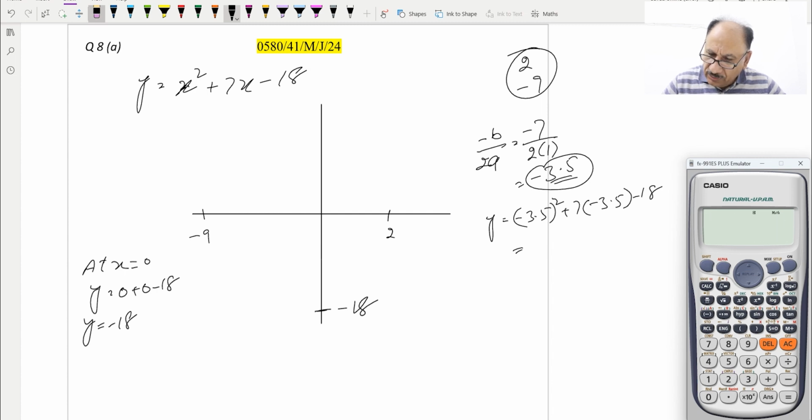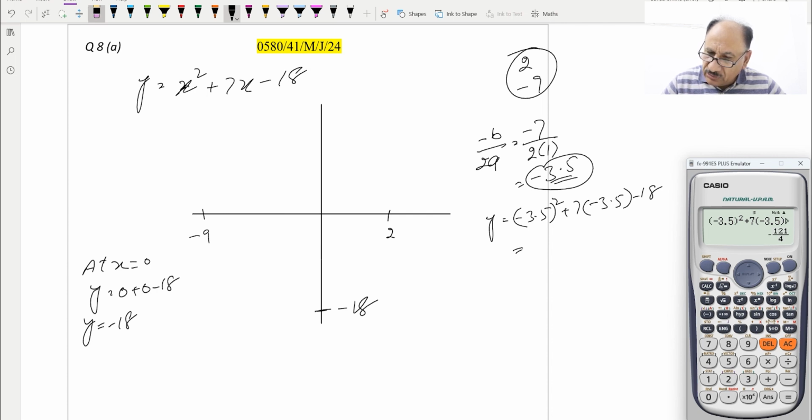This will be minus 3.5 square plus 7 into minus 3.5, and next is minus 18.